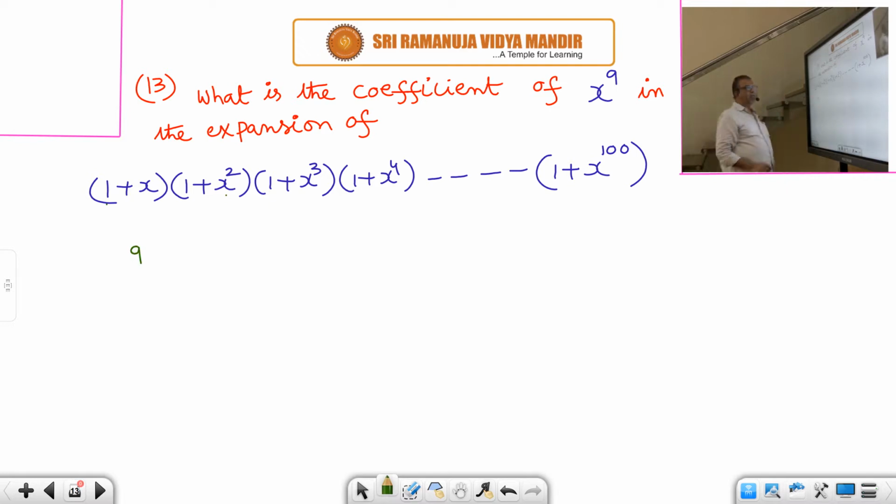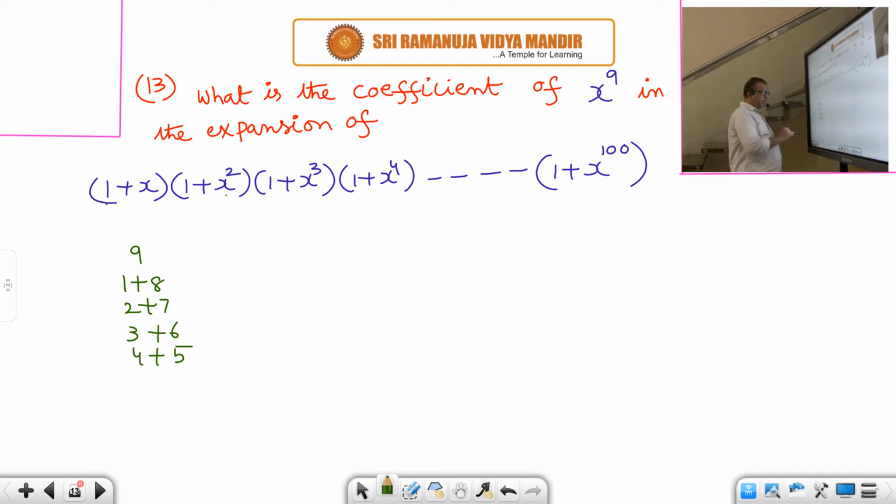If you want to write it as a sum of two numbers, you can write 1 plus 8, 2 plus 7, 3 plus 6, 4 plus 5. That's all for two numbers.